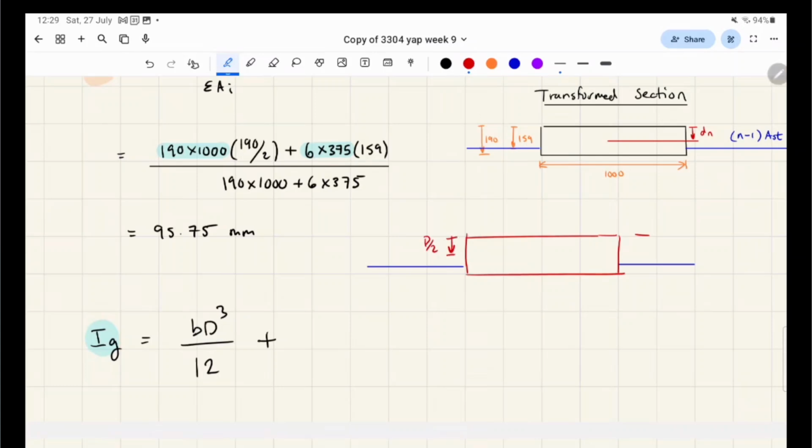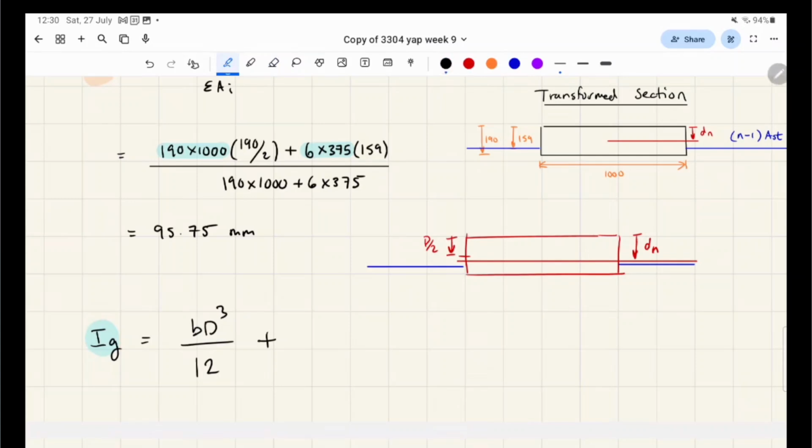So this is d/2, just the middle of the rectangle, right? But dn will probably sit like this. It'll be weighted down from the middle if everything's uncracked, right?